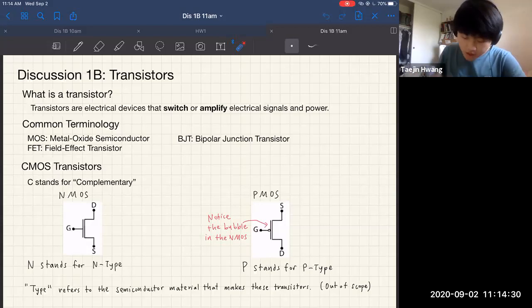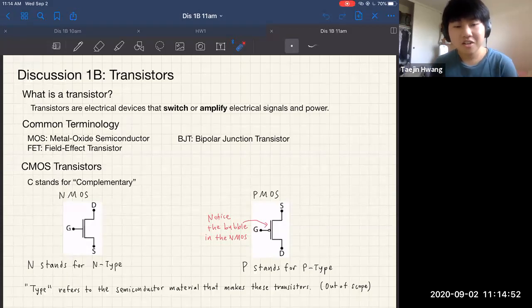The N in NMOS stands for N-type, or sometimes negative, and this refers to the electron behavior. And the P stands for P-type, or positive, and positive and negative really refers to the charges on the electrons and holes. But all of these things are stuff that we leave to upper div circuit classes, and they're just there for your interest, and most of it will be out of scope.